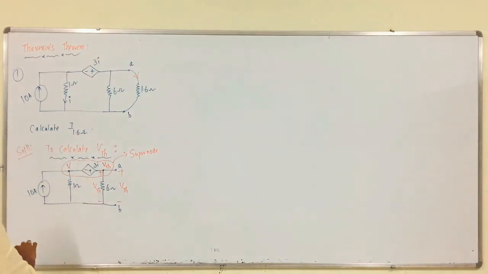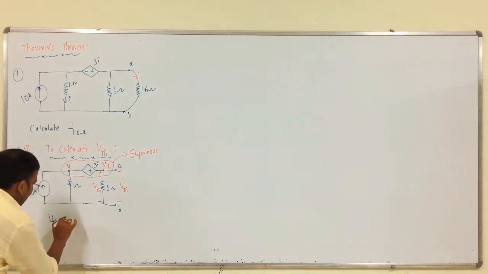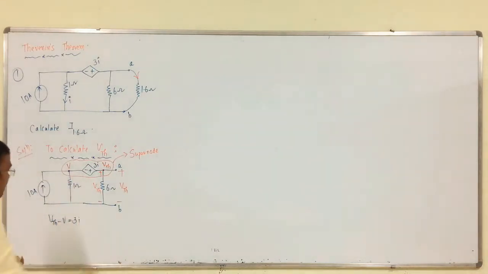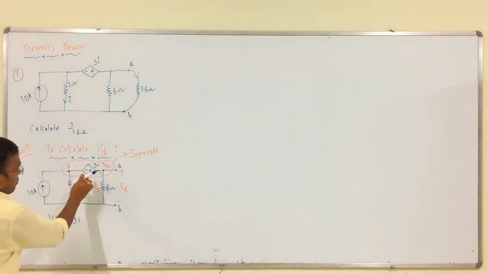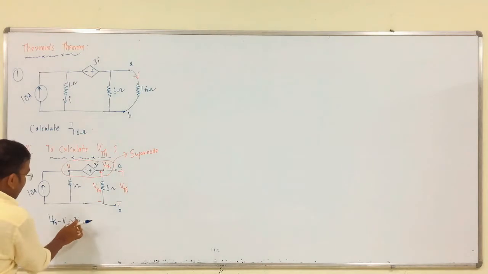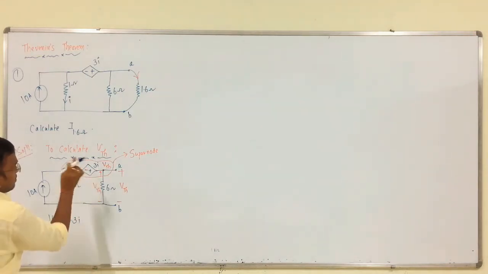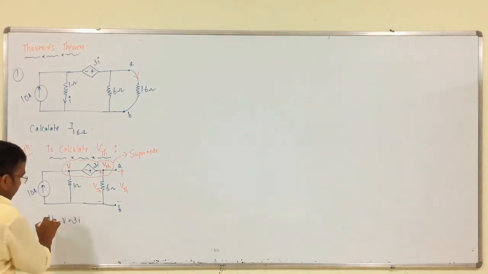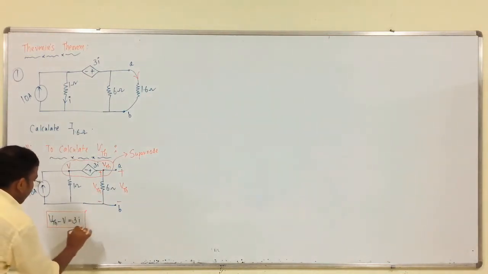So, from that, VTH minus V is equal to 3I. VTH minus V means V minus this drop is equal to VTH. But here it is minus plus, so finally we got VTH minus V is equal to 3I.